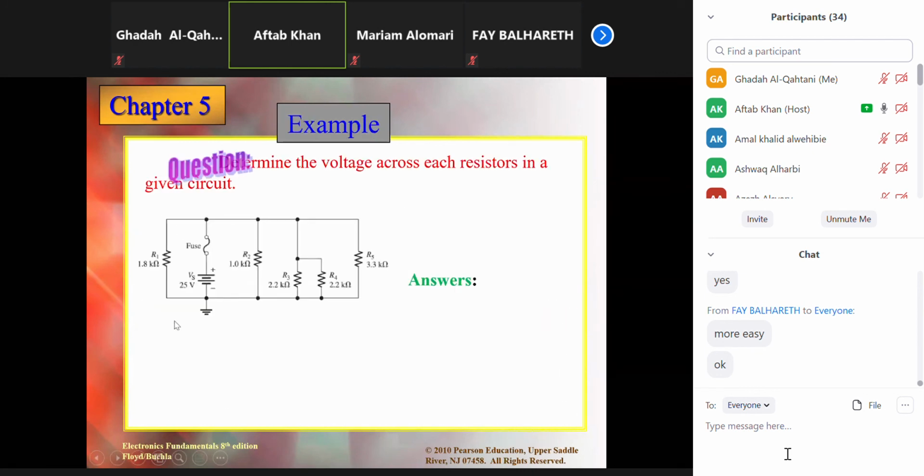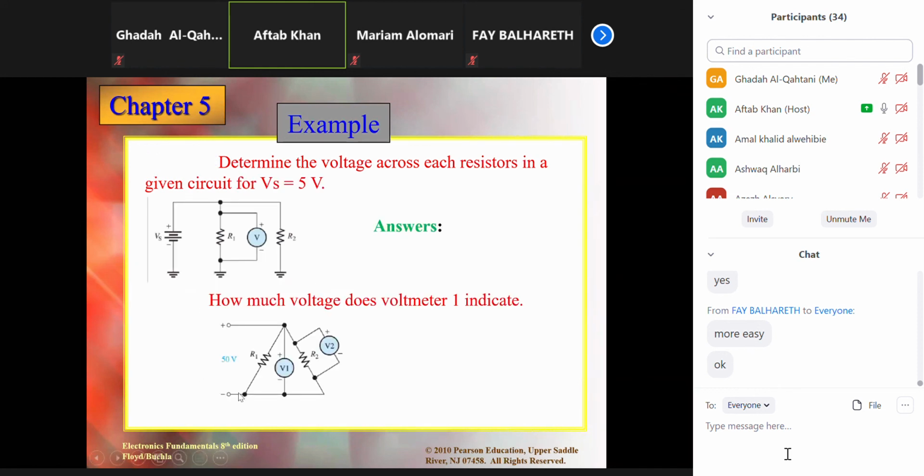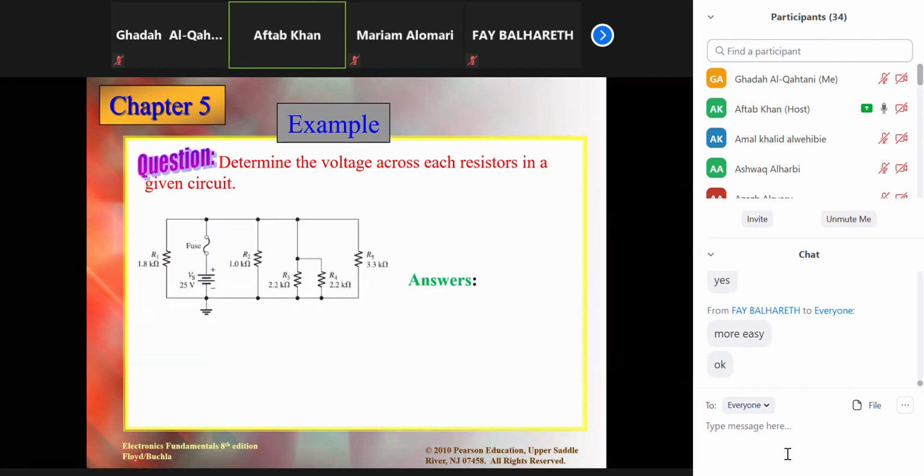Now, see this question and solve it. Question clear?